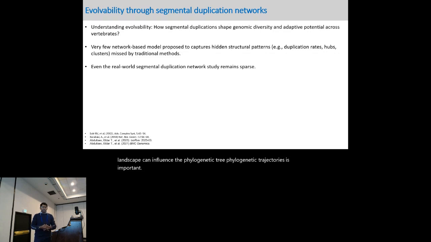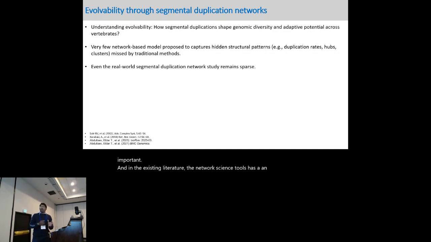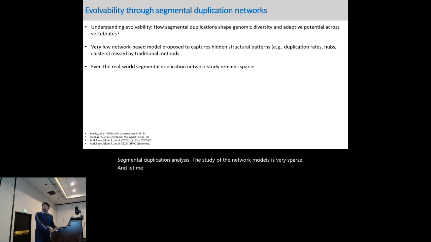In the existing literature, network science tools are an indispensable way to understand complex biological systems, but specifically in terms of segmental duplication analysis, the study of network models is very sparse. Let me show a couple of examples of how network models have been used to understand segmental duplication particularly.